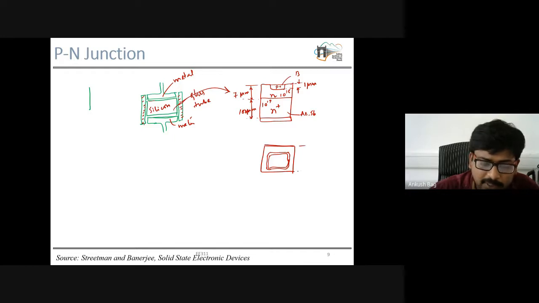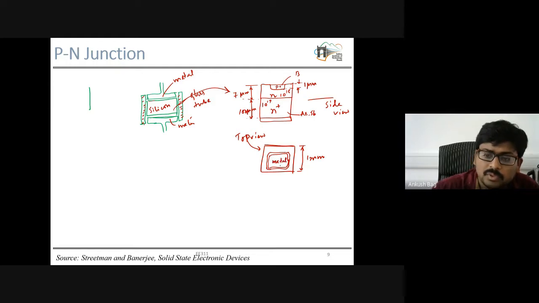Again the typical dimension from the top is, this is the top view, and this is the side view. This dimension is of the order of 1 millimeter, and this is the metal portion. So this is your diode structure.